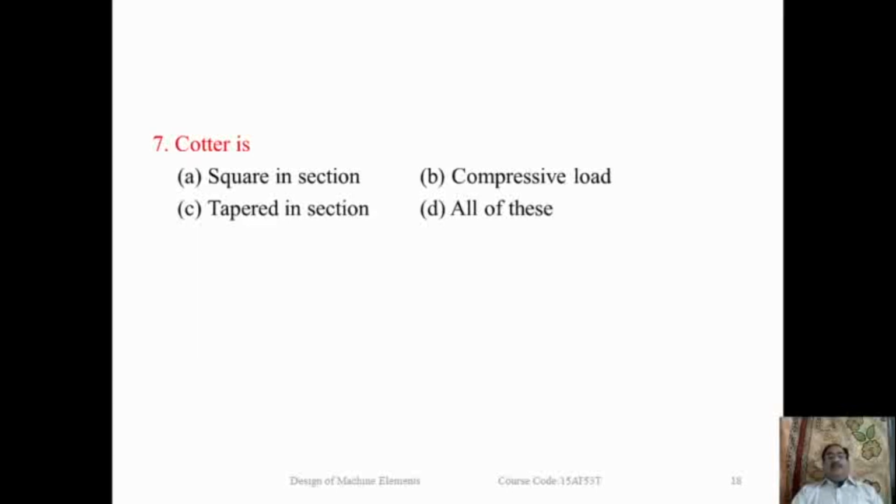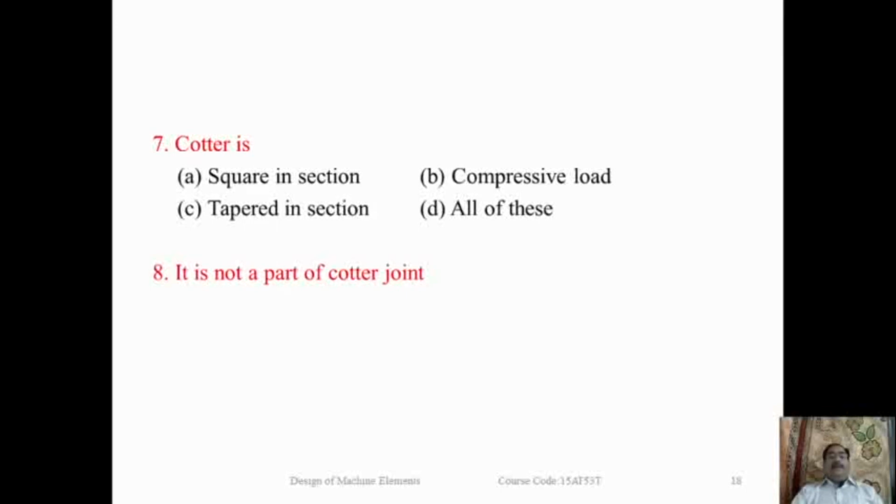So it is not in square section and it is not in compressive load. So the option is C, that is cotter is tapered in section.